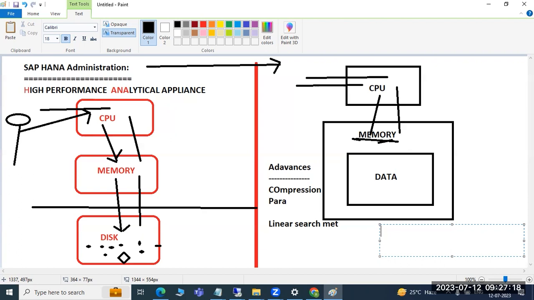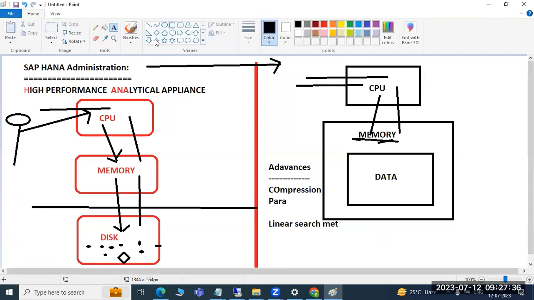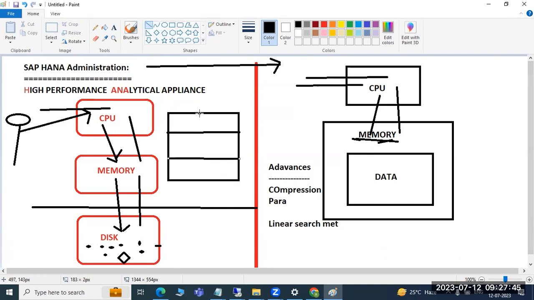Column oriented, columnar database means that normally other databases store the data in row store tables, with rows and columns, at the database table level. If I take one table, these are the rows and columns, and the data is stored rows and columns wise in another table.